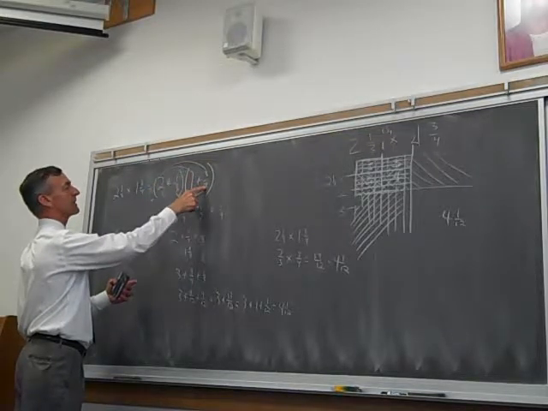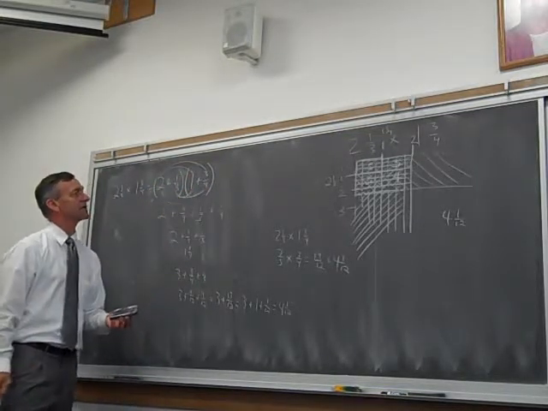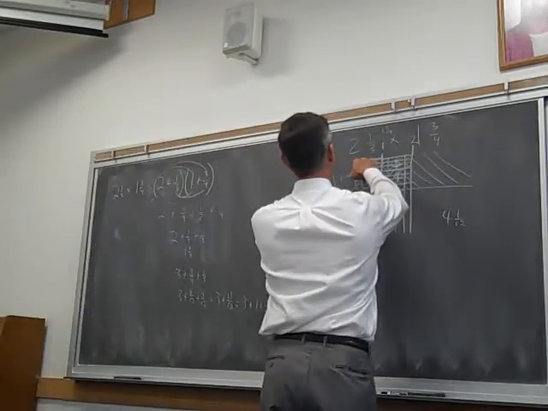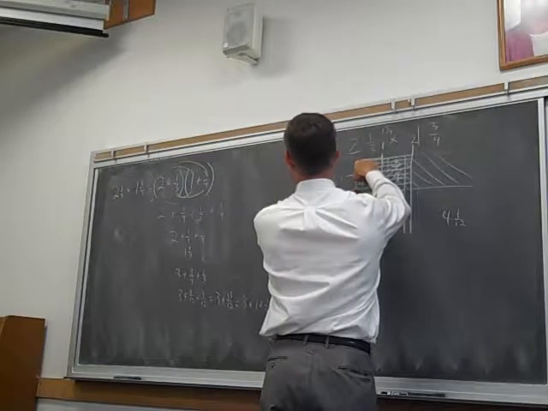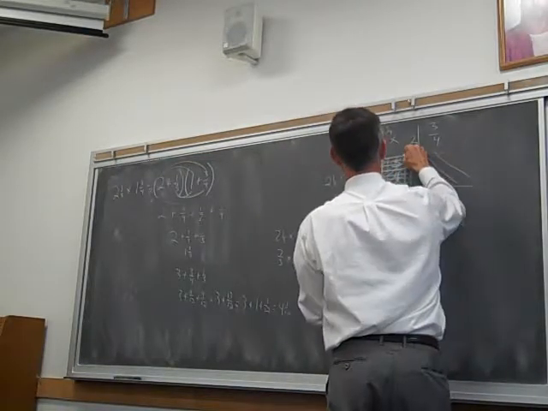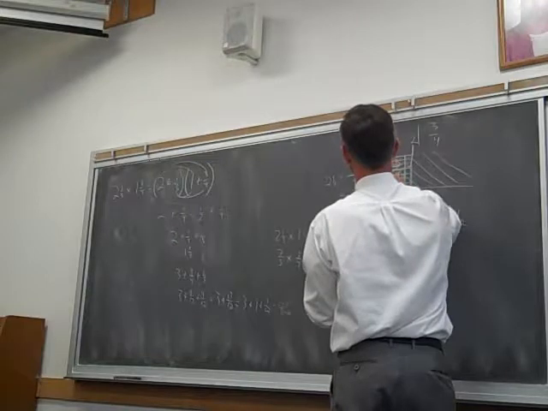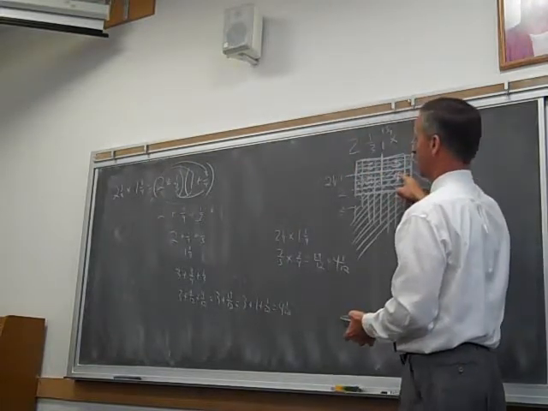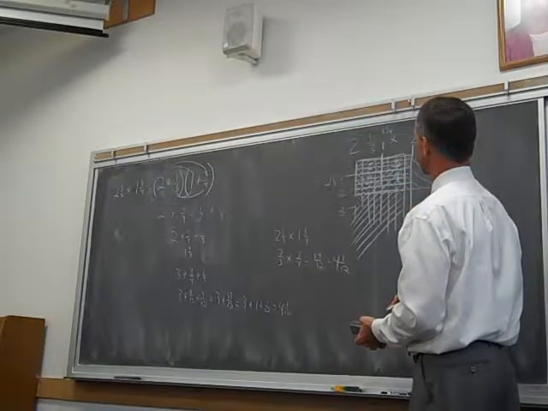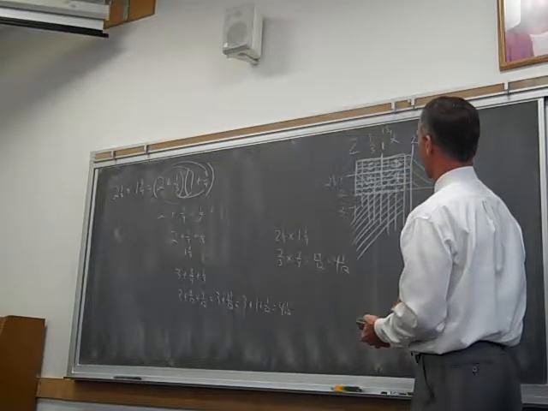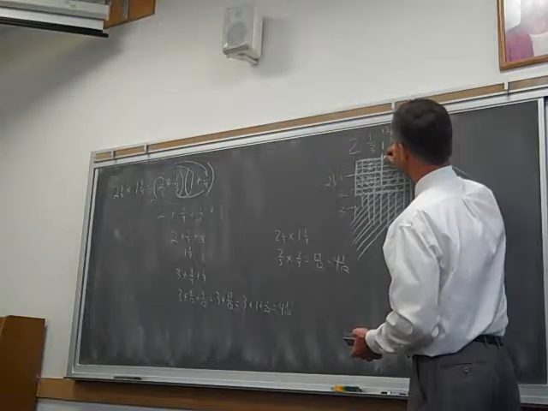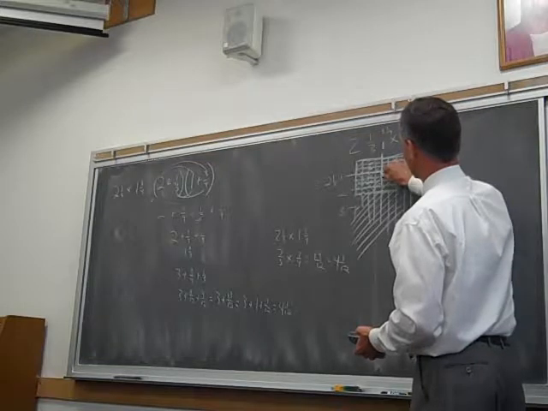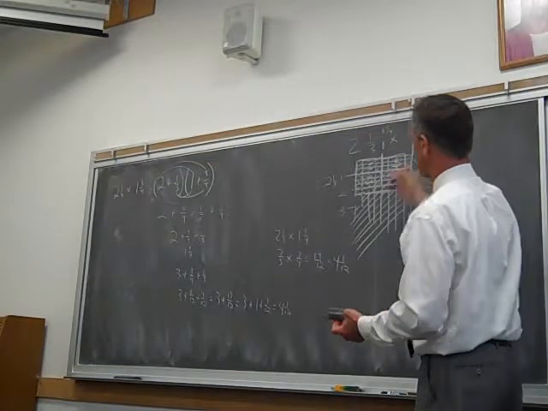Well, 6/4 is the same as, let's see, we're taking 2 times the 3/4. That's this answer right in here. That's the 6/4. There's 1/4, 2/4, 3/4, 4/4, 5/4, 6/4.